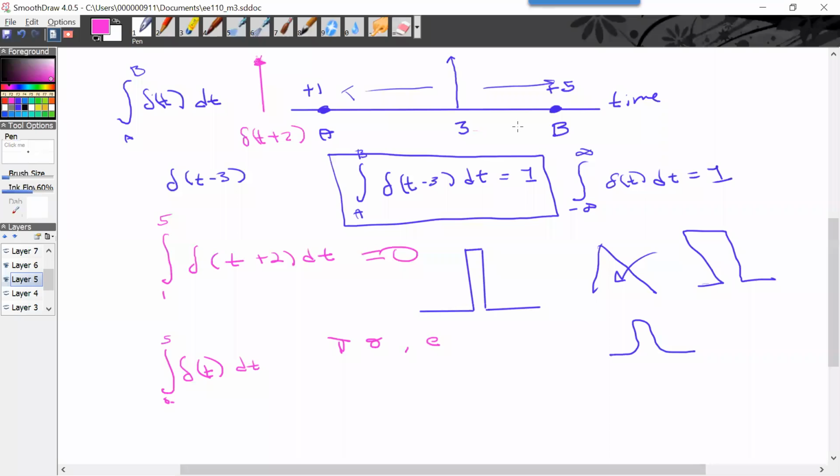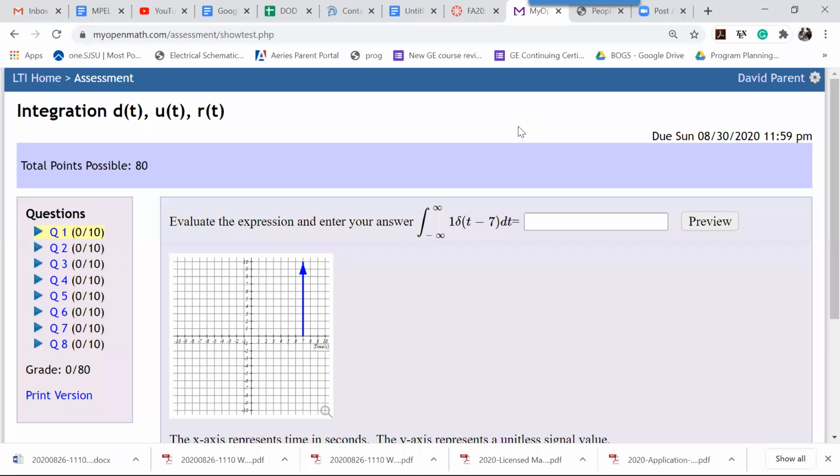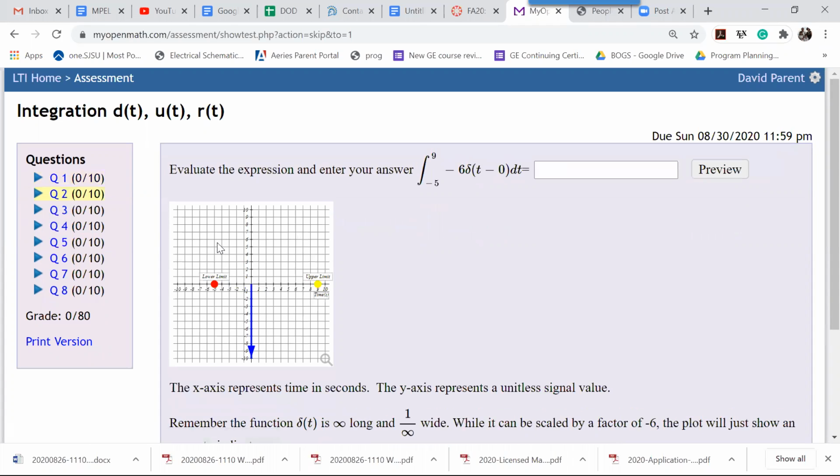I try to keep things as practical as I can, but sometimes I'm just making up an example. If you look at the homework, here's a delta function, the limits are plus or minus infinity, so it's going to capture everything. But now I've actually got limits.